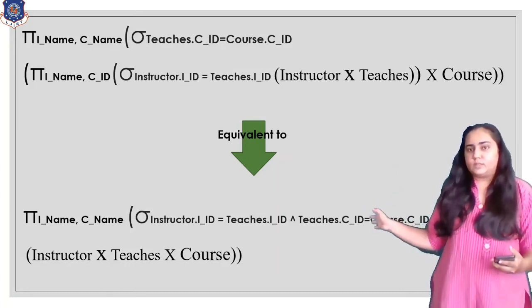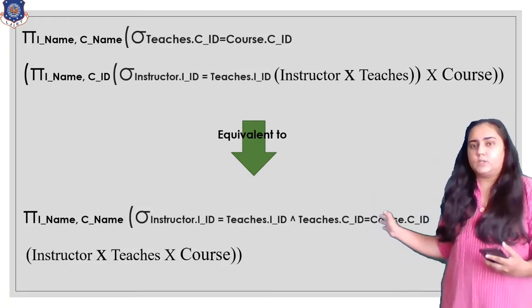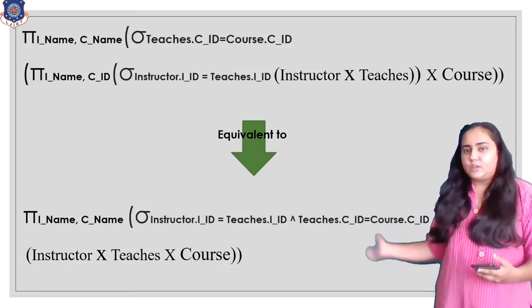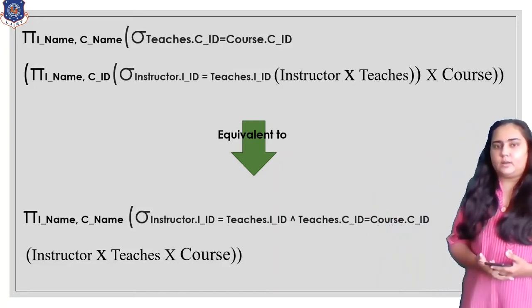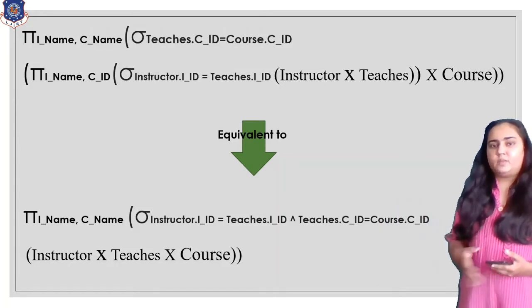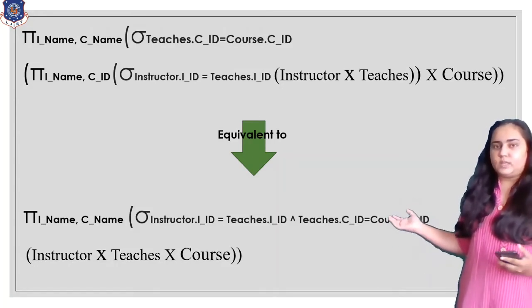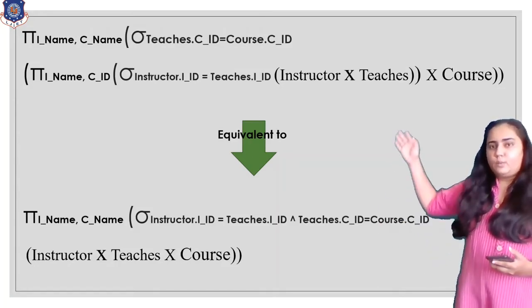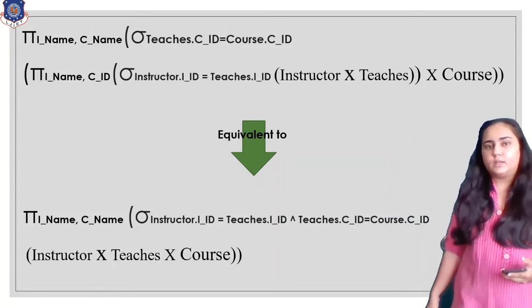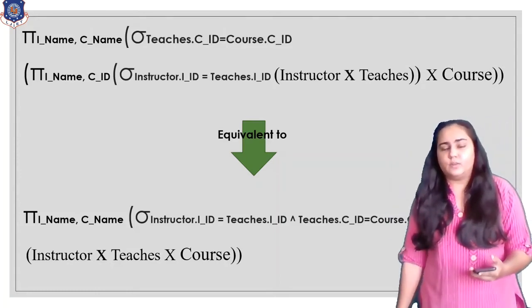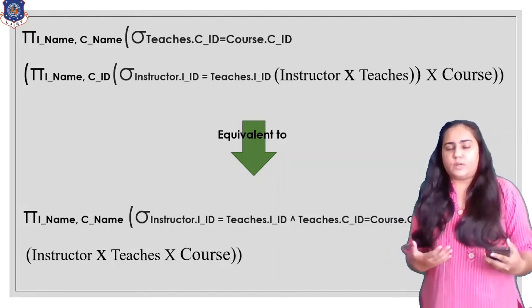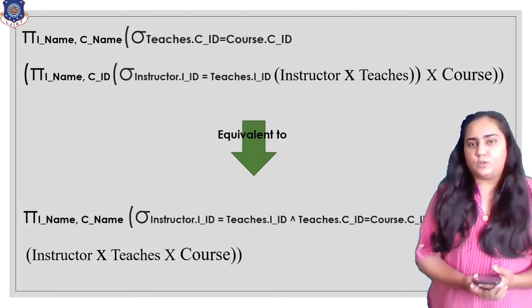So when you do this, you can see already there's a considerable decrease in the number of brackets used here. There are only 4 here, 2 closing and 2 opening brackets, whereas that side we had 3 pairs. So if you want to write your query in a better manner, you can do this.